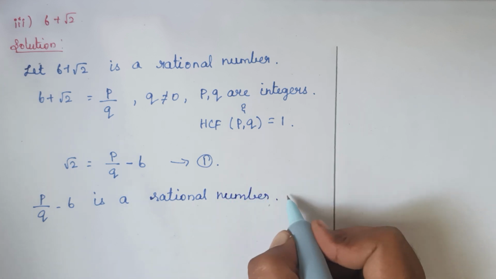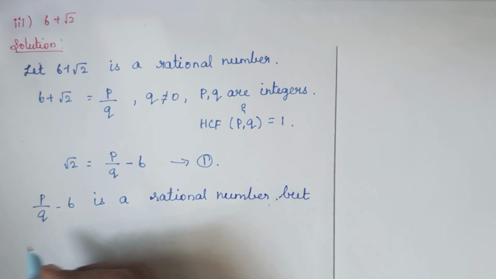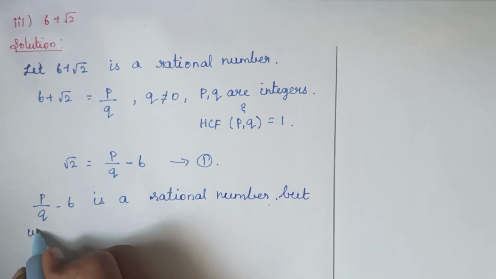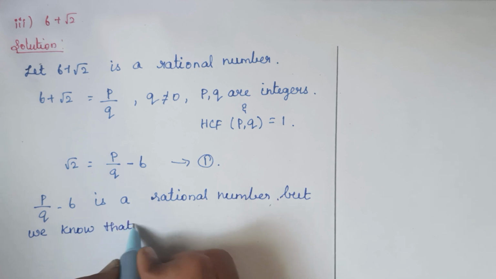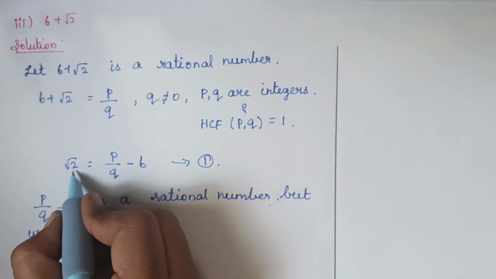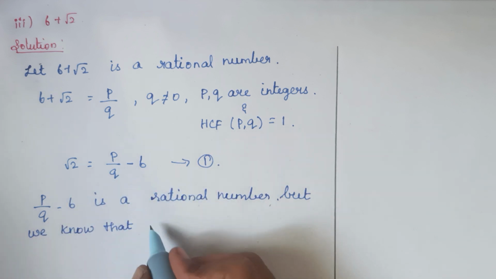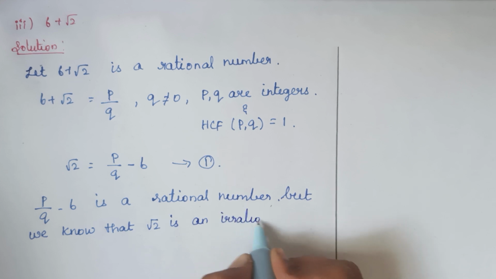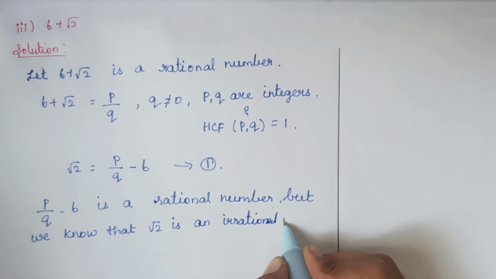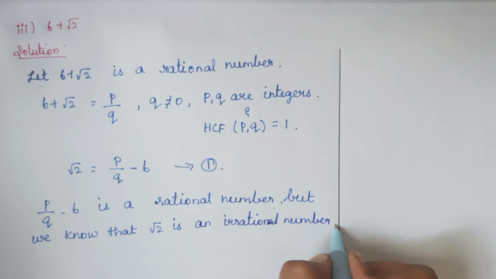But already we know that root 2 is an irrational number, since the prime number is under the root.